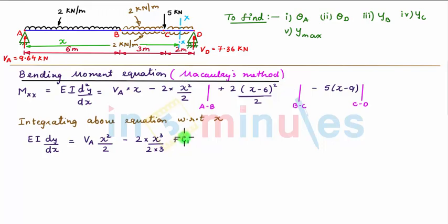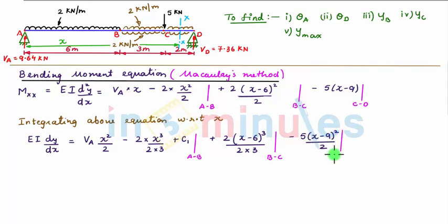In Macaulay's method we put constant of integration in the first partition, plus 2 into x minus 6 to the power cube the whole upon 2 into 3 in second partition, minus 5 into x minus 9 square by 2 third partition, which is a final partition.